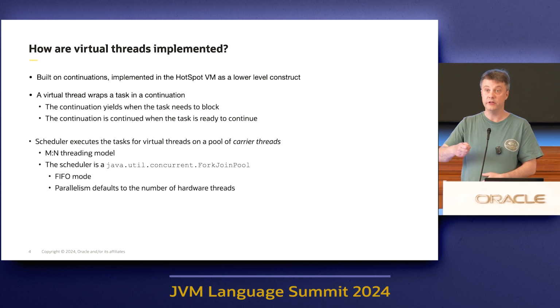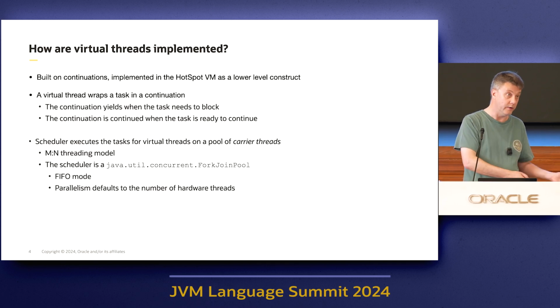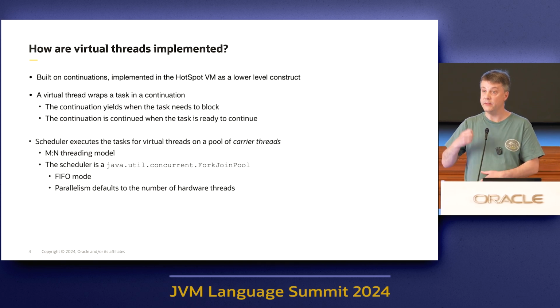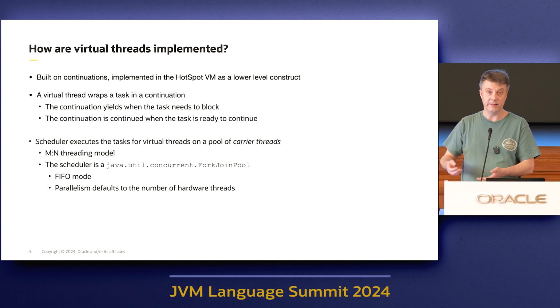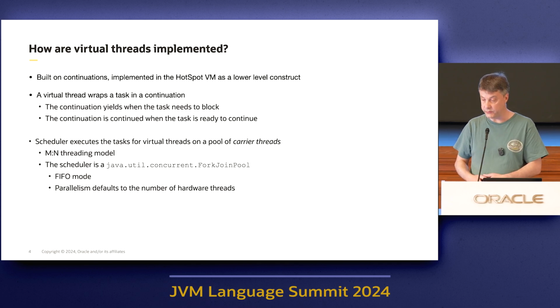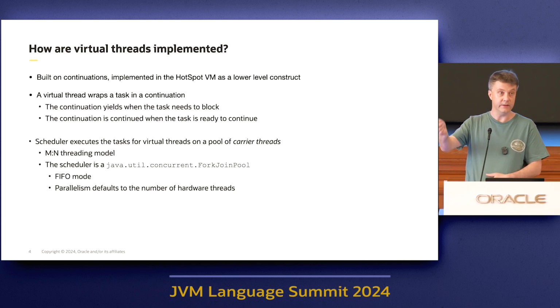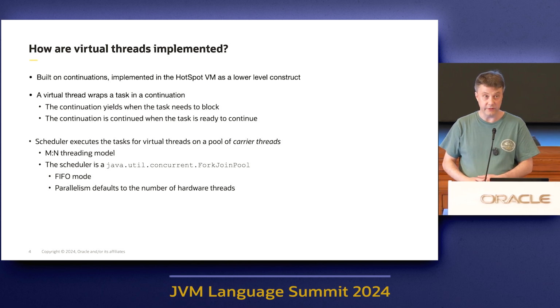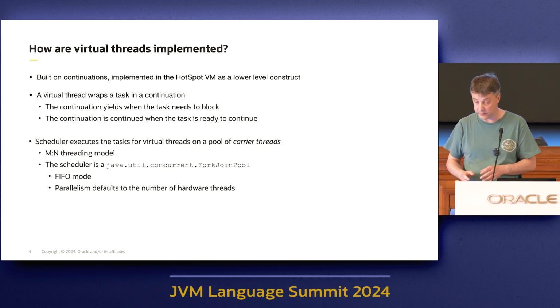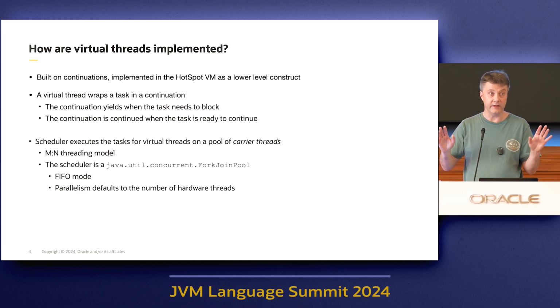The continuation gets executed. When the task that's running in this virtual thread wants to block for some reason, for example on a lock or on a socket, whatever it might be, then the continuation yields, and that frees up the thread to go and do something else. And when it's scheduled to continue again, the continuation is run again, and it continues. So that's the high level.